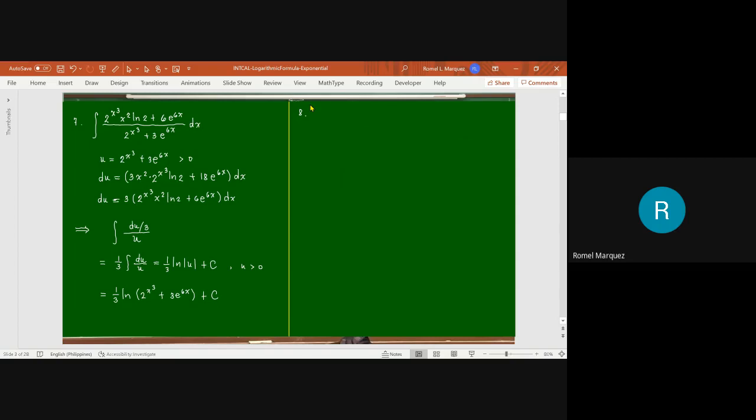We're given this problem: the integral of sine 4v dv all over 6 plus 5 cosine squared 2v.